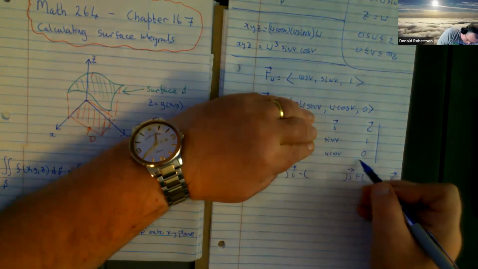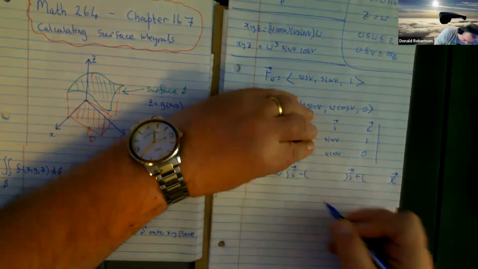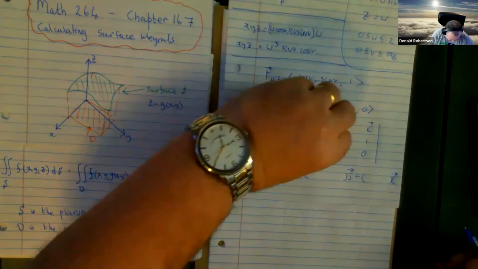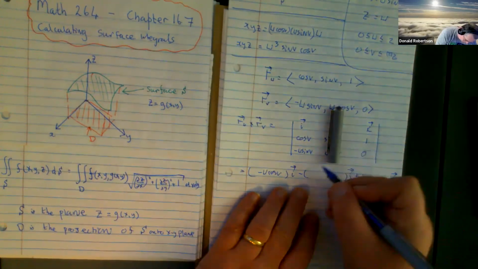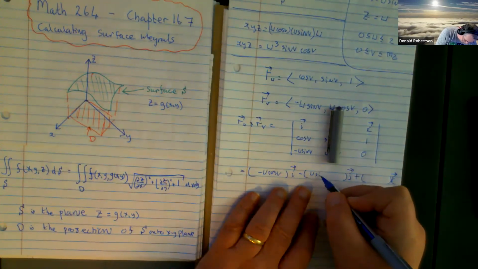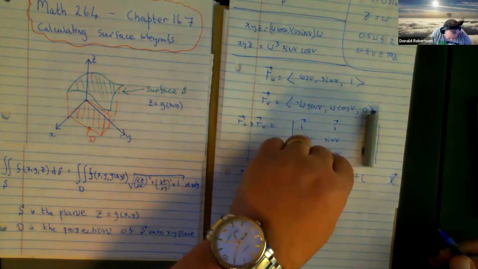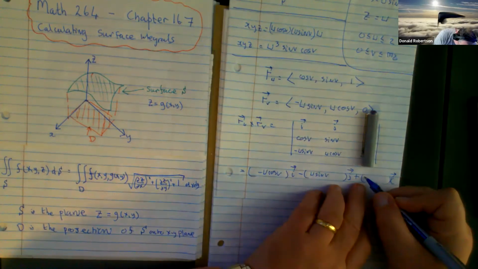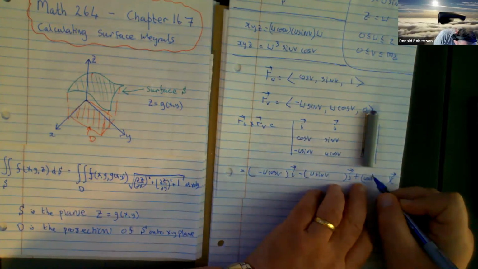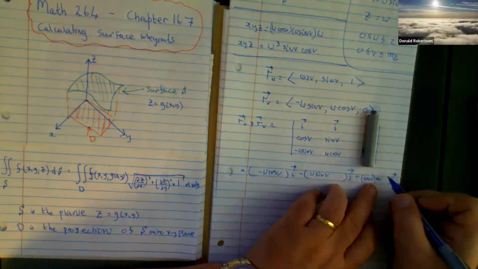Okay. Nothing, take away that guy gets you negative u cosine v. Middle one, nothing, take away that guy, take away a negative gets you positive, so you'll get that guy. Last one, that guy times that guy, take away that guy times that guy, that's going to add. So I'm going to get u cos squared v plus u sine squared v.